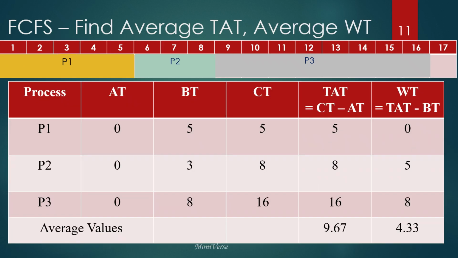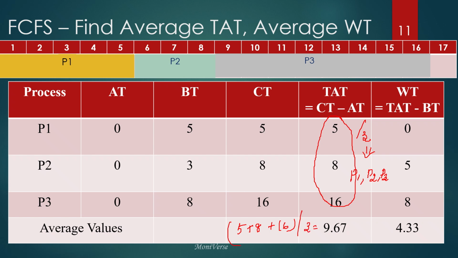Finally, once we calculate that, we have to find the average values. I hope you all know how to find the average values. We add these three values and divide by 3, as there are three processes: P1, P2, and P3. So for the average turnaround time, it is 5 plus 8 plus 16, divided by 3.